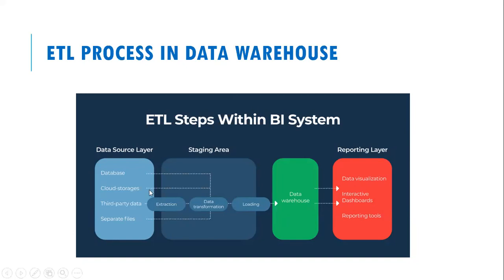Extraction means getting the data from some team. We should check from which team, the SFG team or the API team. Everything will be mentioned in the requirement. Here our job is to see exactly where we are extracting the data from. Once we get the data, we need to transform it.